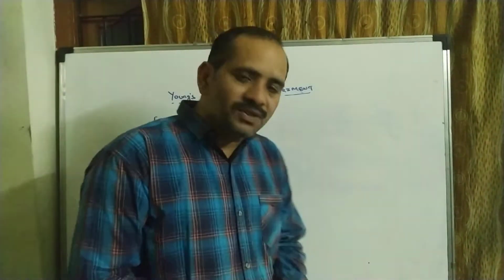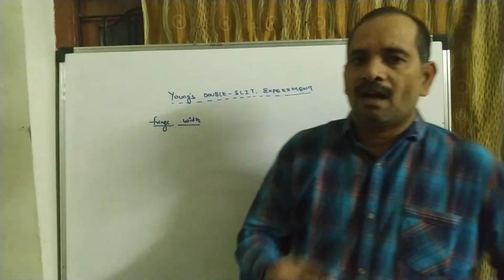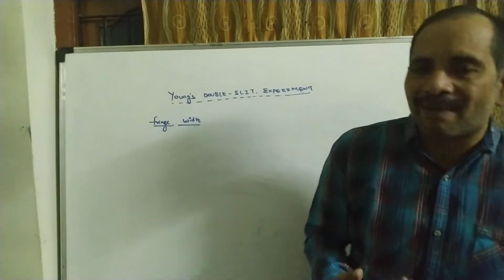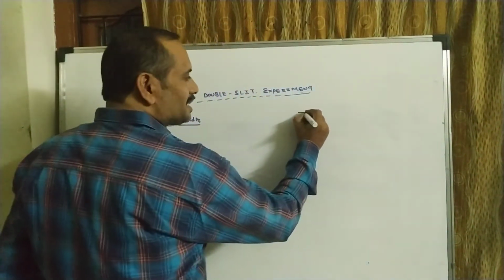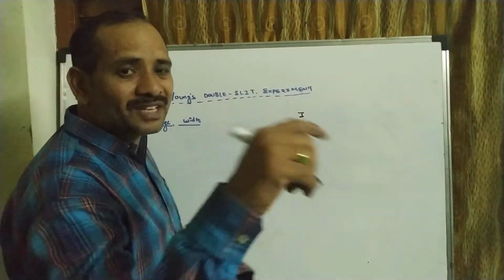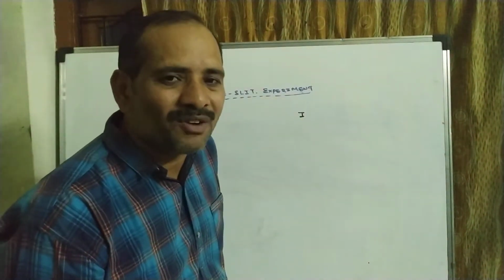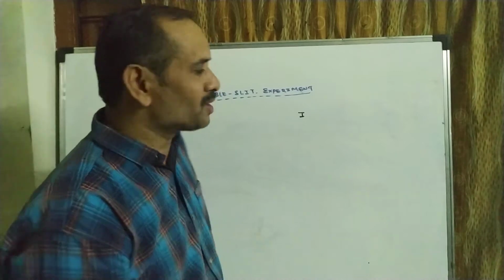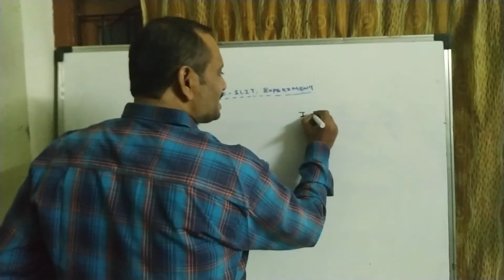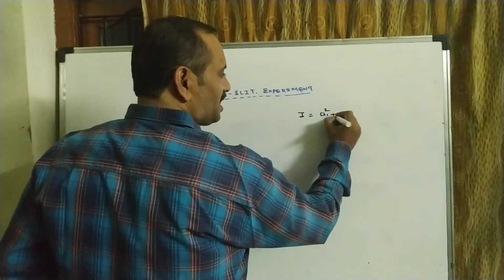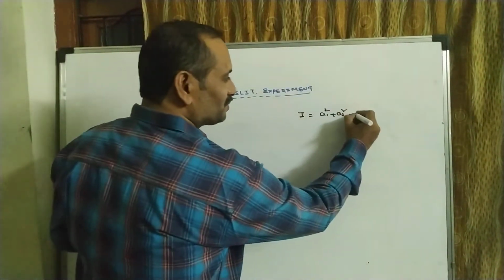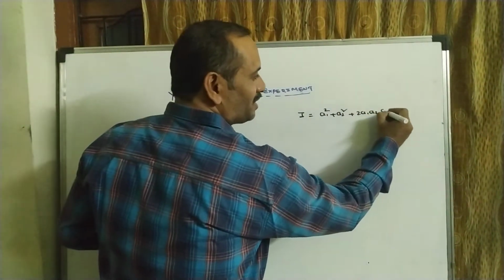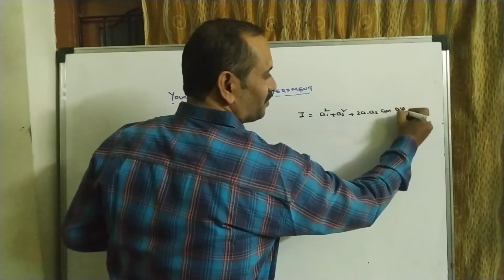Before going to the fringe width, I want to think about intensity maxima and minima. Here, sir, we are utilizing sources of the same amplitude because the same wavefront is divided into two parts. Intensity, as I said previously, is A1 squared plus A2 squared plus 2A1A2 cos delta phi, where delta phi is the phase difference between the two.